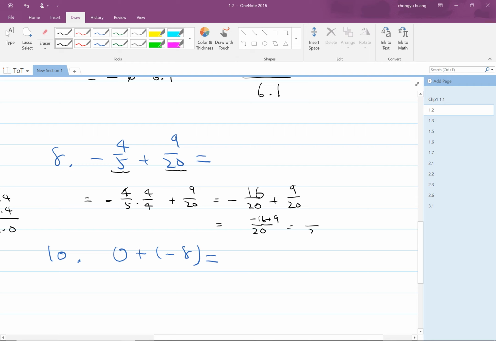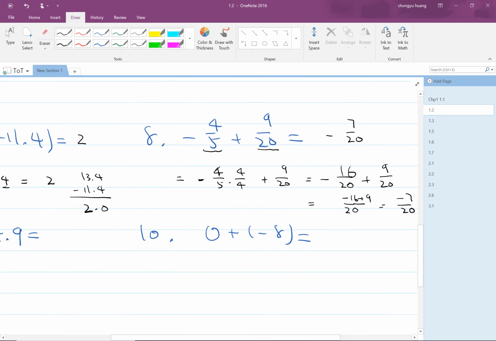So negative 16 plus 9 is going to be negative 7. We cannot simplify this, so therefore this is the final result. So negative 7 over 20 is the answer for question 8.